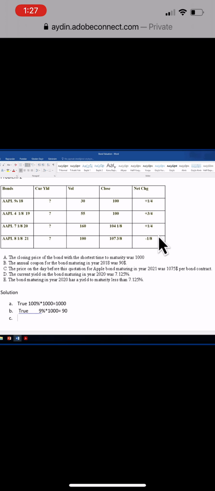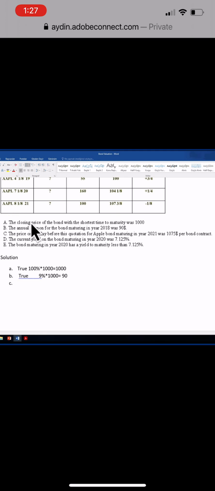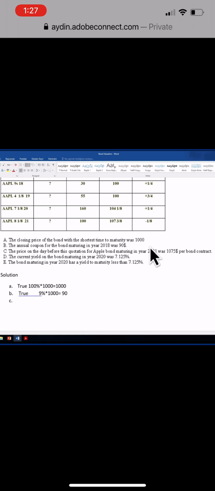So let's find this number. We have 2021. So students, in this type of questions, always pay attention to the year, because you have different years here. Sometimes you are asked about 2021, but for some reason some students apply different years.